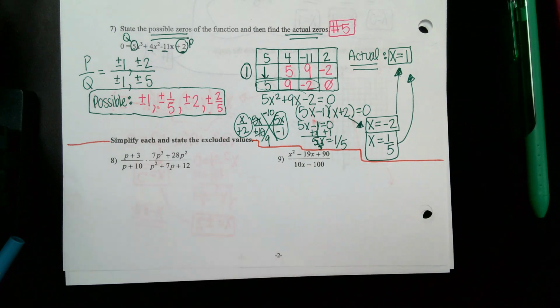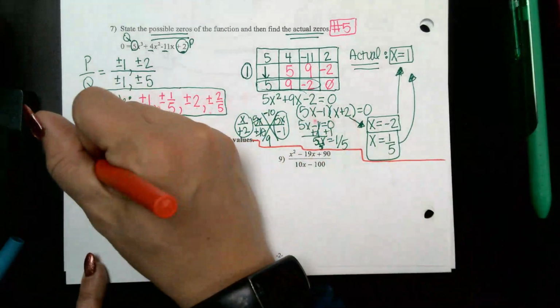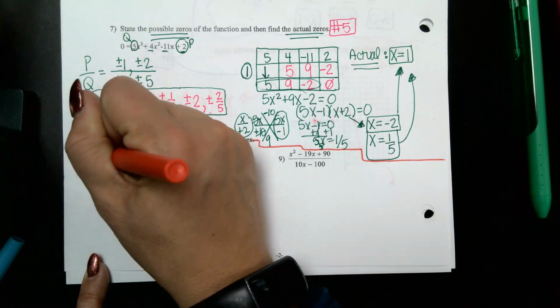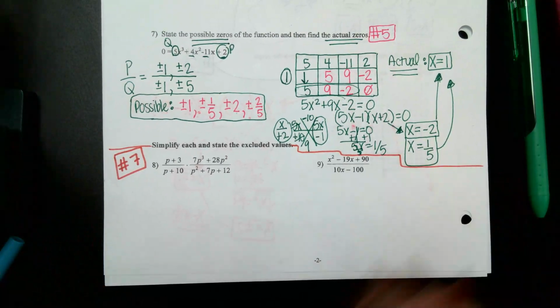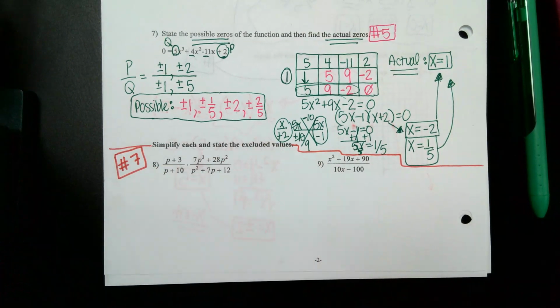There is a multiplication problem on your test. So this one right here, number 8, the one multiplication problem on your test is number 7. Okay, so if you have a fraction times another fraction, and it says simplify and state the excluded values, what that means is anywhere where you can factor, we need to factor.